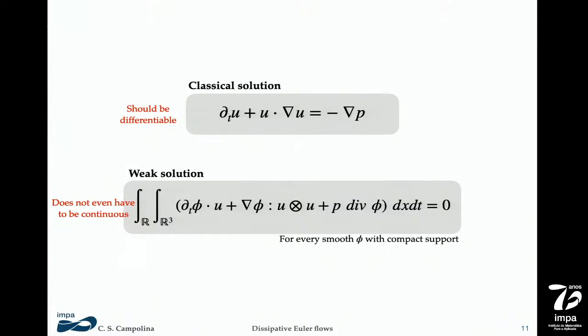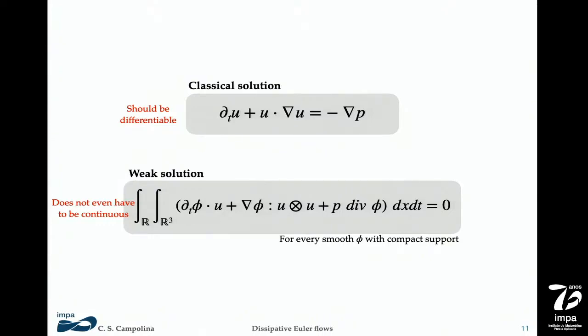And then we arrive at these two formulations. The first one is called the classical formulation. A field satisfying this formulation is a classical solution, and it should be differentiable. This is why it is in a classical sense. It demands differentiability.